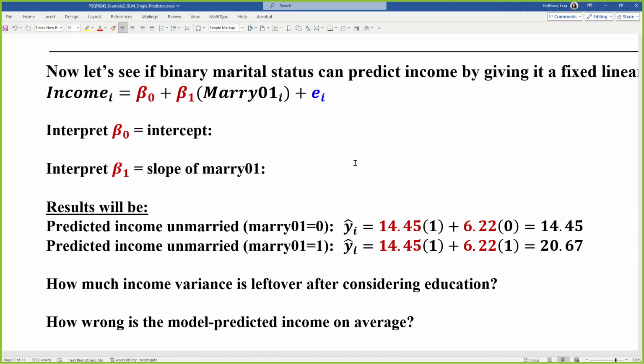So to make it an interpretable intercept, we can subtract 1, creating a new version of the variable that I've named Mary01, and then the 0 group gets the fixed intercept. That would be the expected income for unmarried people. The slope would tell me how the married group differs from the unmarried group. The 1 group differs from the 0 group. So it's to get a meaningful intercept is the reason.